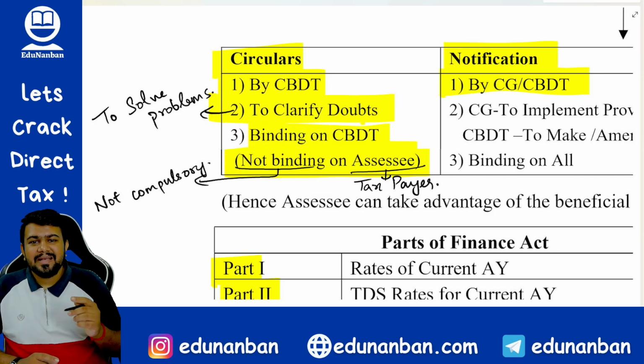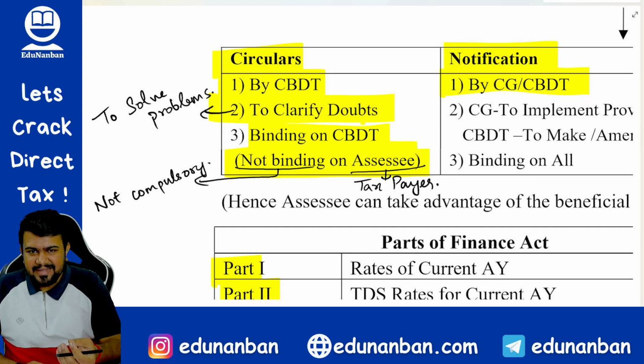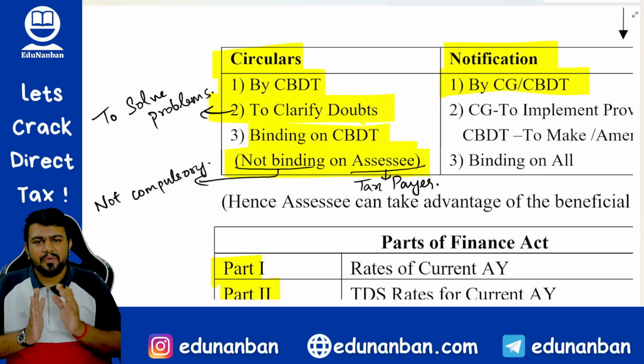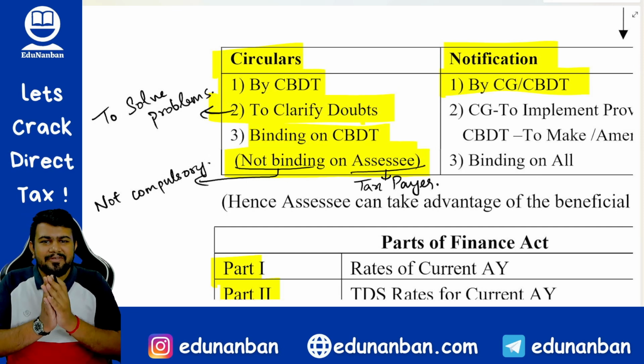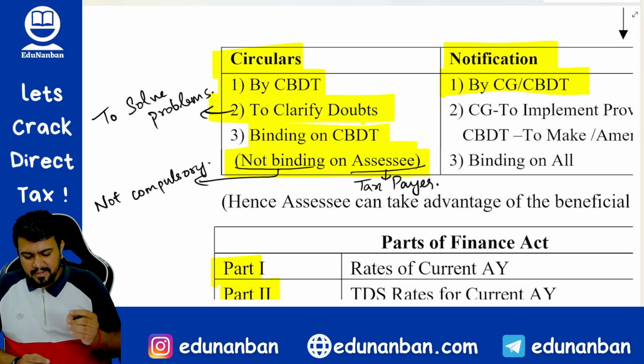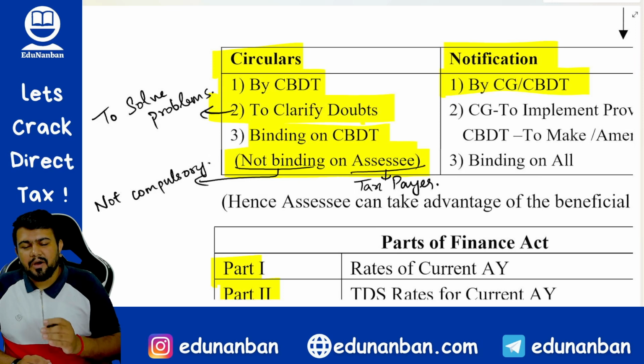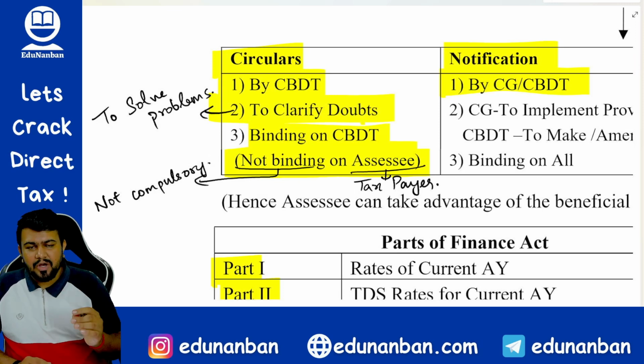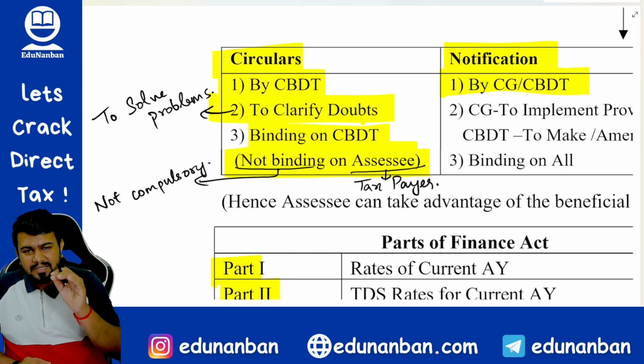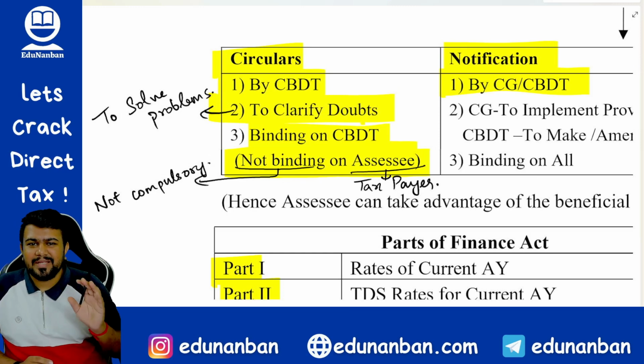It means since they themselves are giving that guidance, it is compulsory for them to follow that circular. You get my point? So a circular is given by CBDT. Why is it given? It is given to solve the problems or to clarify the doubts. It is not binding on the assessee, which means we need not follow. It is binding on CBDT, which means CBDT should definitely follow that circular.